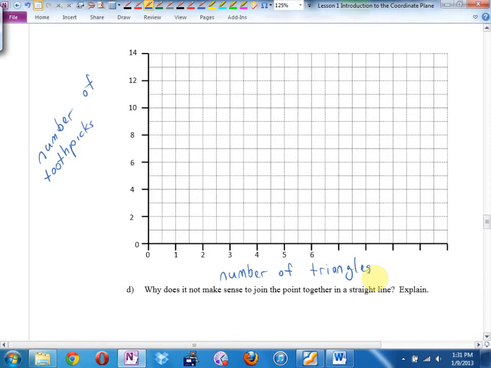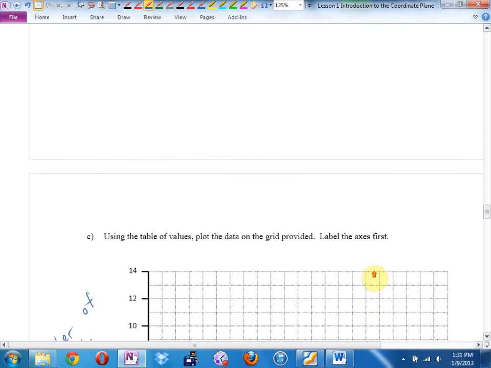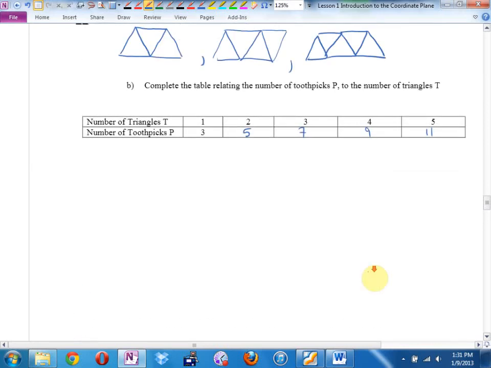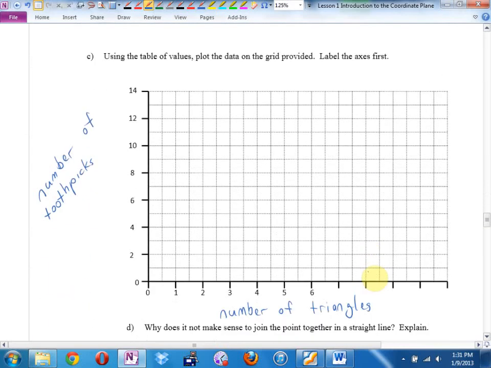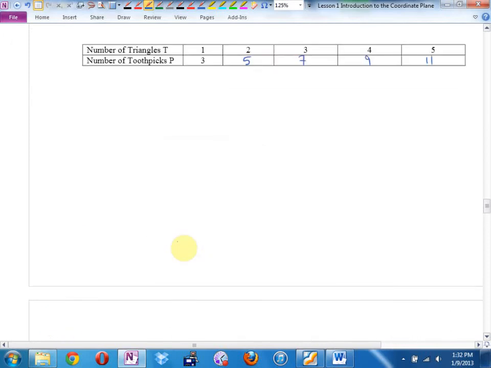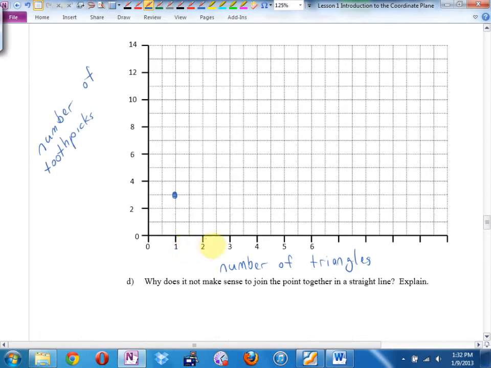And we can make some points. The first point would be number of triangles 1, number of toothpicks 3. The first point on this would be 1 over, 3 up, right there. Right? What would the second point be? 2 over, 5 up.